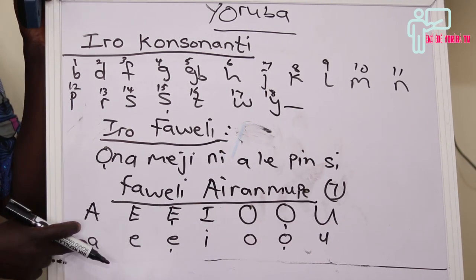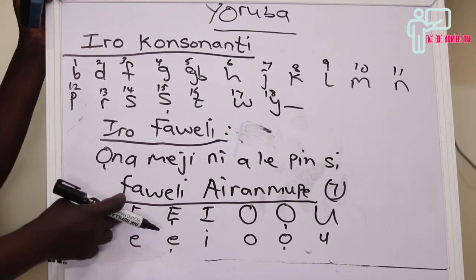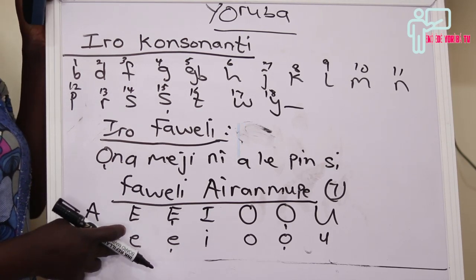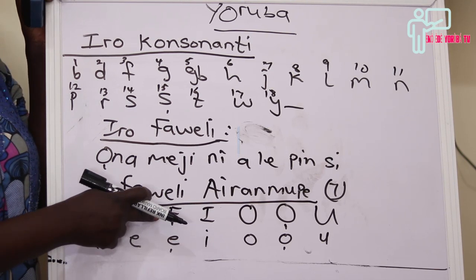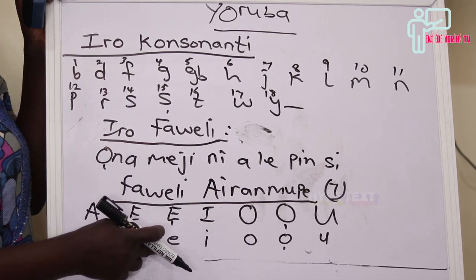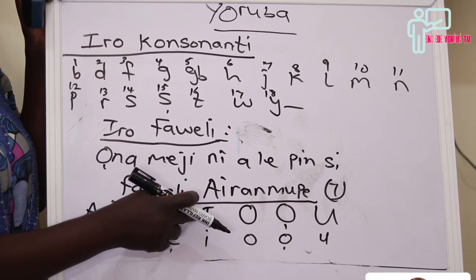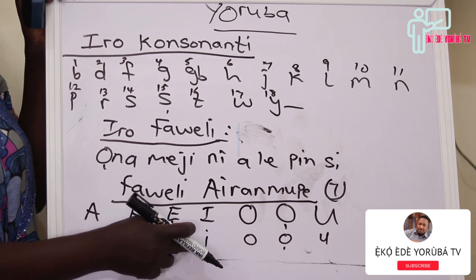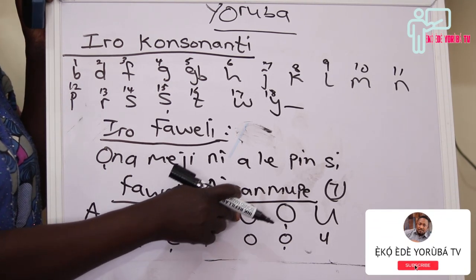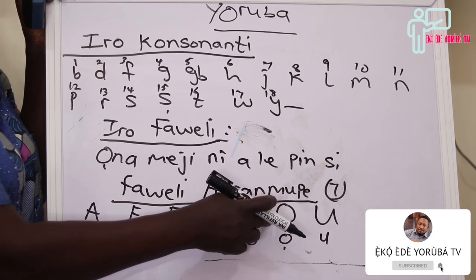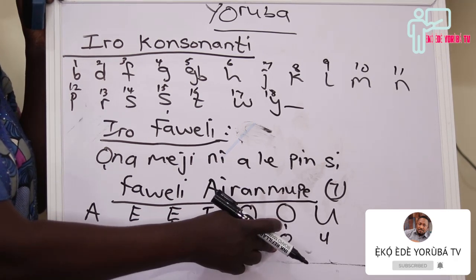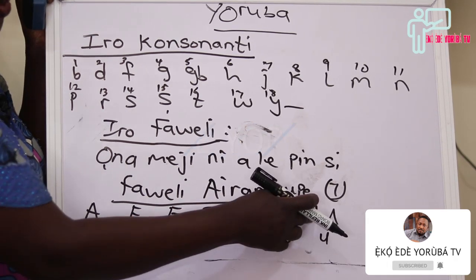Ala, A kékeré. Ela, E kékeré. Ẹla, Ẹ kékeré. Ila, I kékeré. Ọlá, O kékeré. Ọlá, Ọ kékeré.